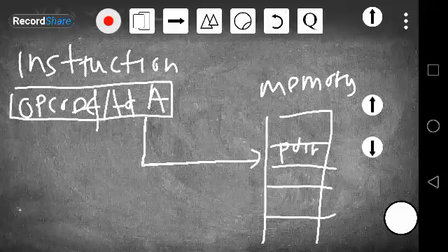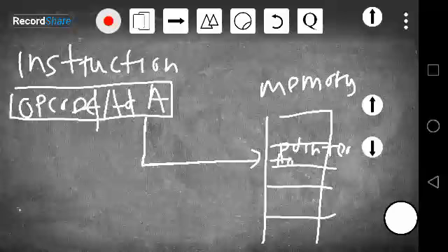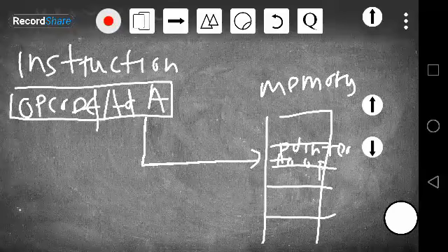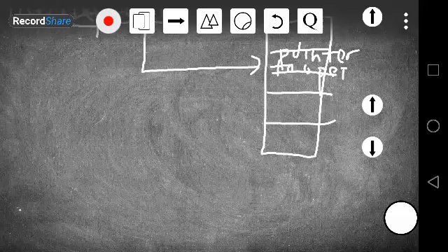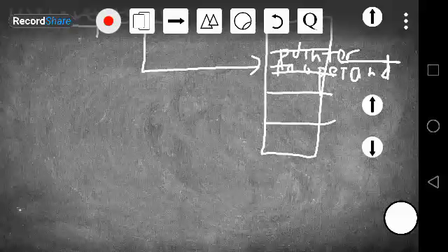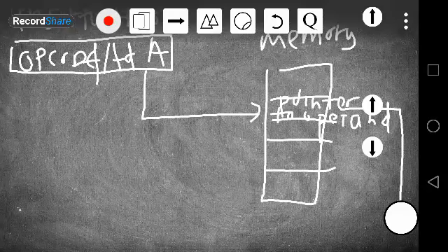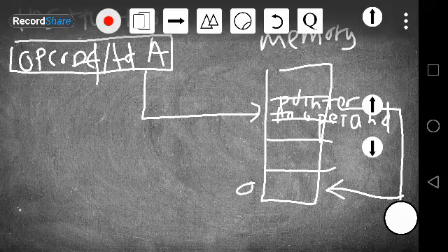The pointer to the operand then points to the operand, so the operand will be here.